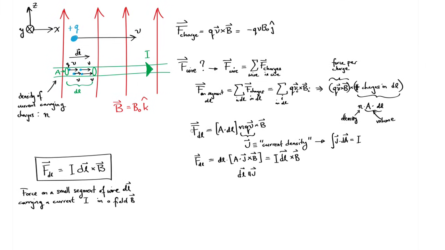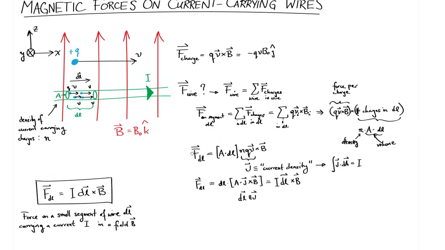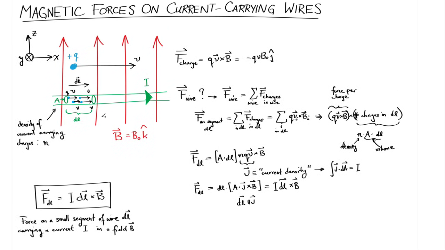So let me briefly recap what I did. We're interested in knowing what the magnetic force is on a current-carrying wire. We didn't know what that was initially, but we did know the magnetic force on a free charge moving in space. If you look inside the wire, it's just a bunch of charges moving together, some collection of charges moving with some velocity v down the wire.